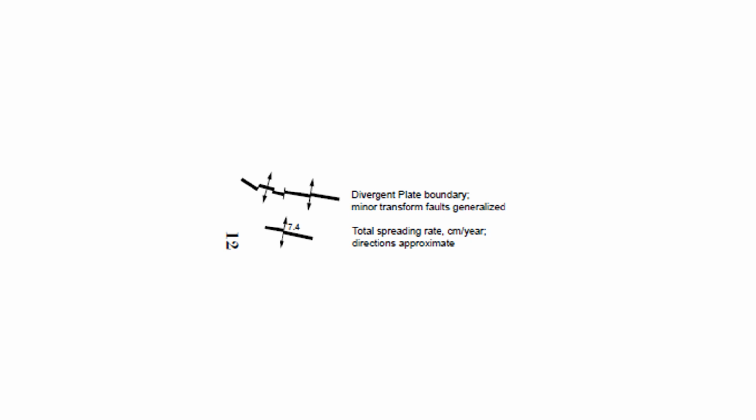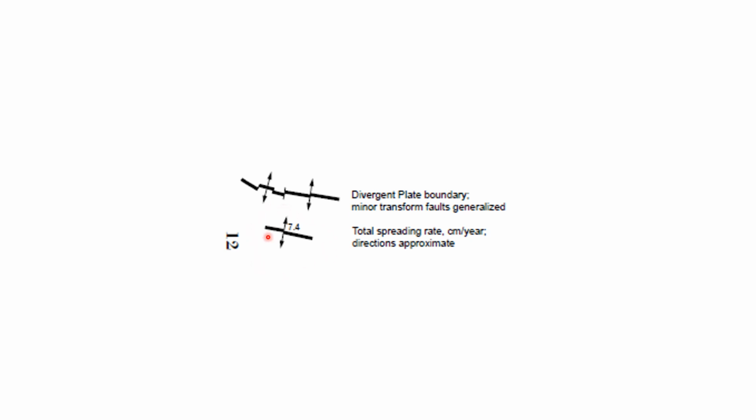At each key, the first one we have here is a divergent plate boundary. Arrows pointing in two different directions means plates are pulling away, going different directions. We also see some minor transform faults on this diagram.